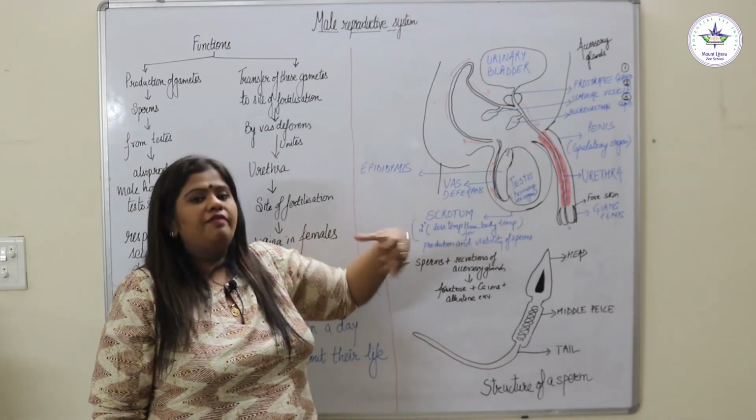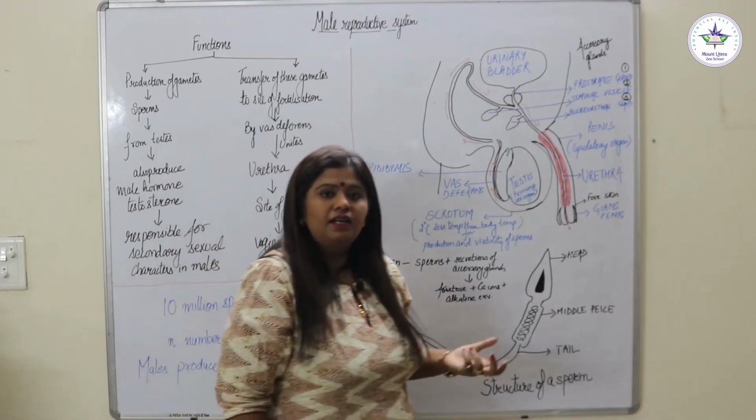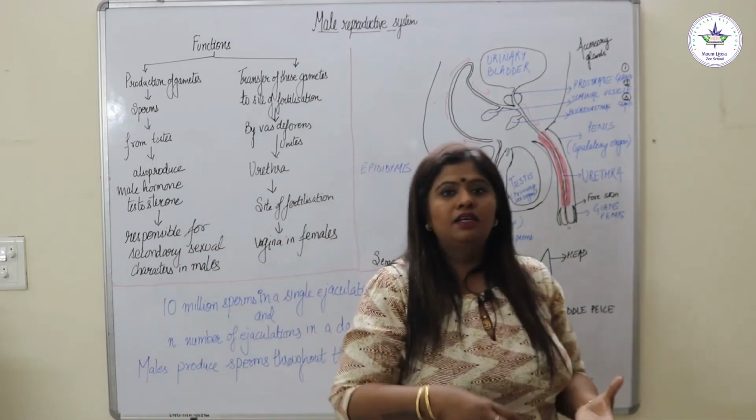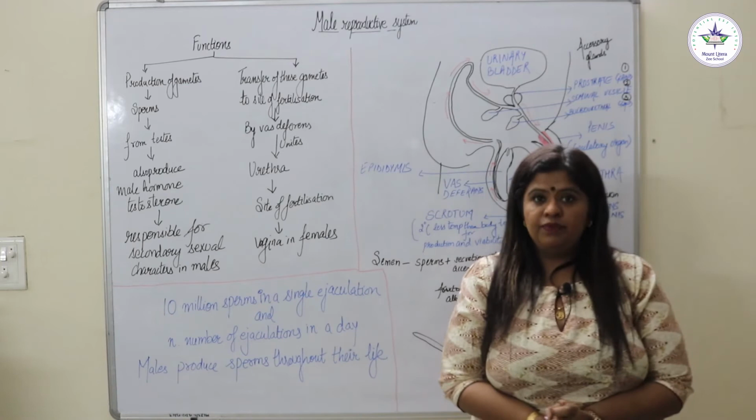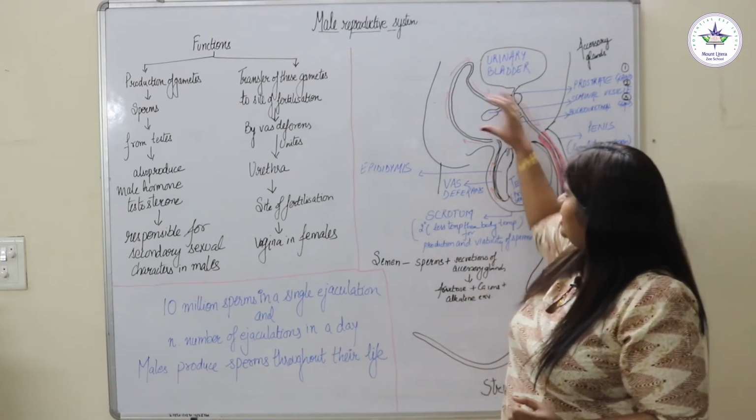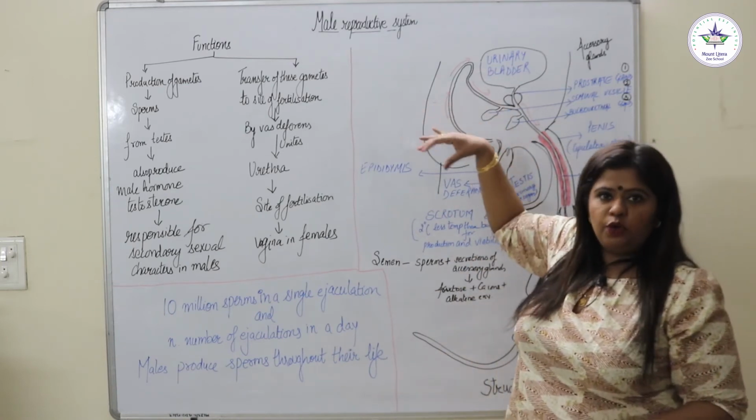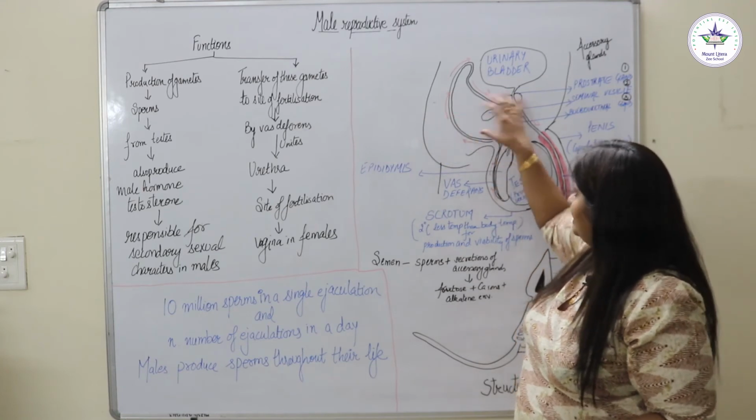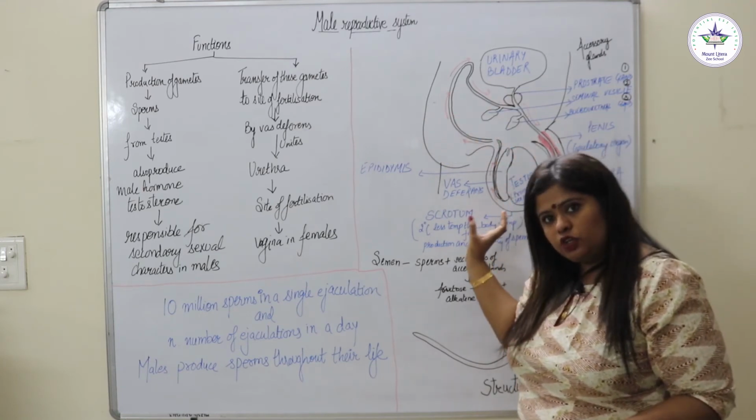So these testes are not permanently present inside the scrotum. When a male fetus is there inside the mother, then these are actually inside the body, but during the birth these testes descend inside the scrotum.